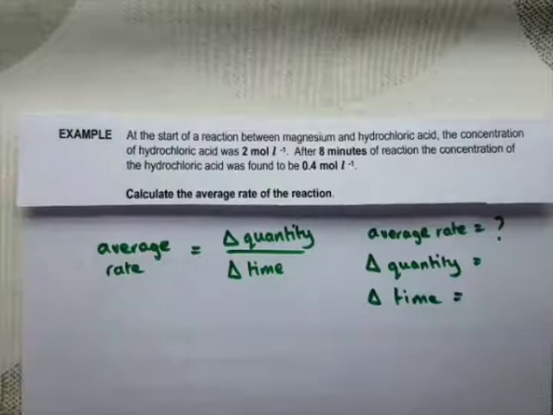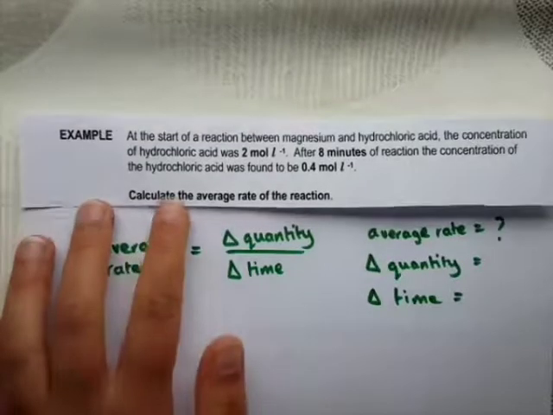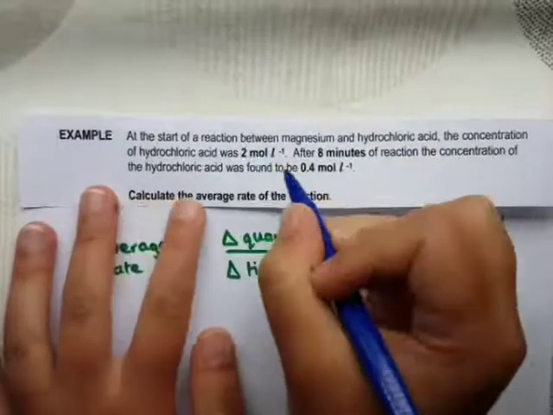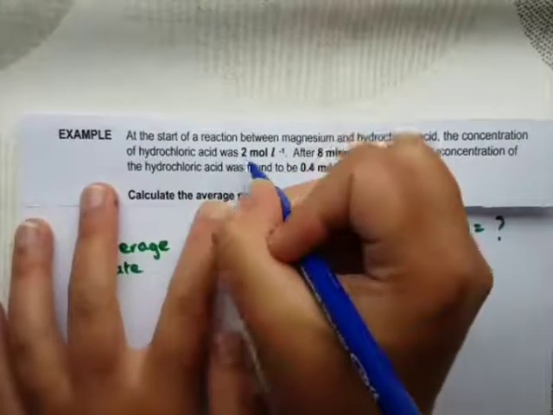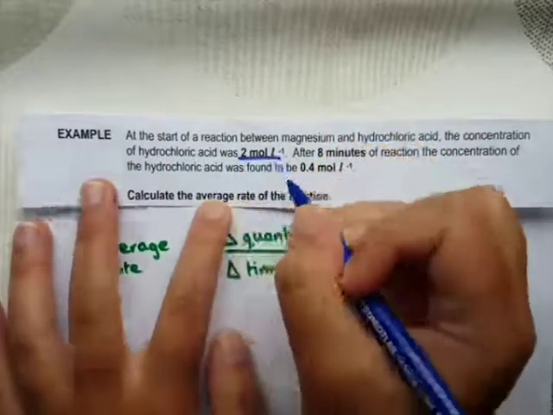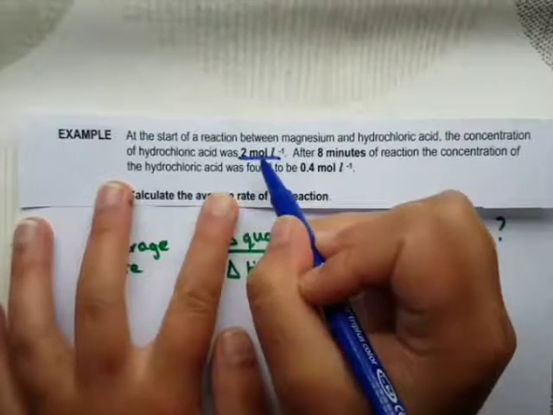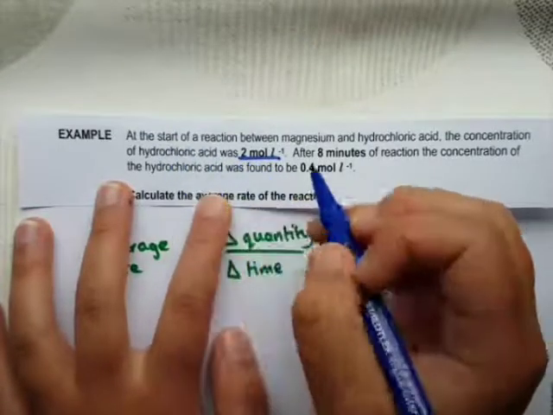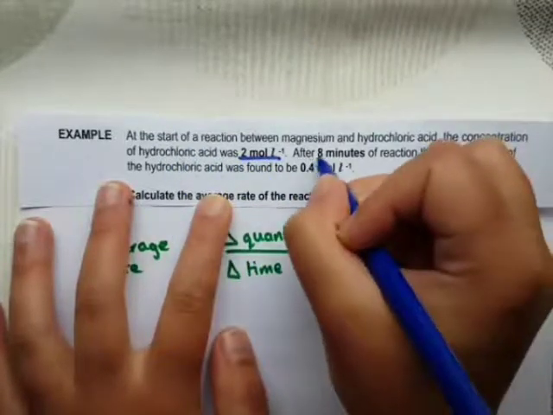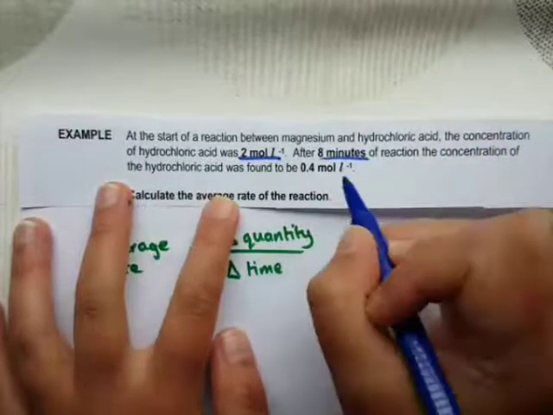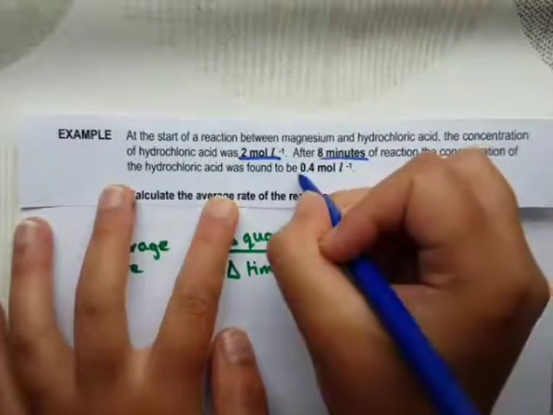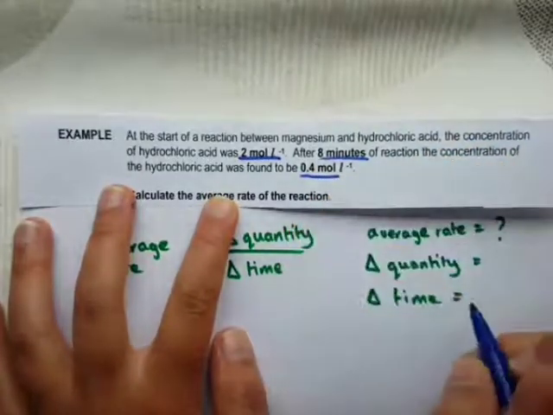And what I've got to do, because I'm trying to calculate average rate, I need to see what information I'm given in the question about the other factors in this equation. So I'm given some numbers. It's always helpful to underline numbers when you're given numbers in a question. So I've got 2 moles per litre at the start of the reaction, and then after 8 minutes of reaction, the concentration was found to be 0.4 moles per litre.